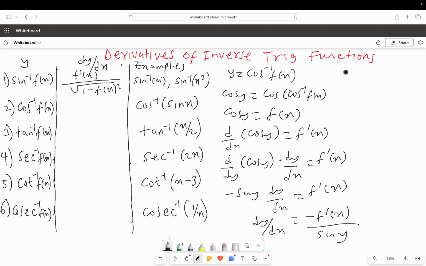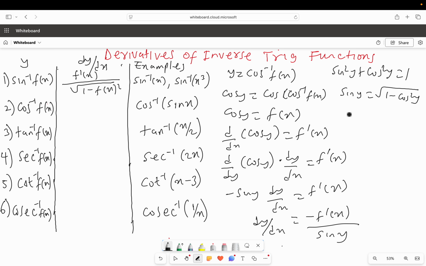So from my trig formulas, I know that sin square y plus cos square y is equal to 1. So if I make sin y the subject of the formula, sin y is root of 1 minus cos square y. But cos y is equal to f of x, so I can make the substitution here.